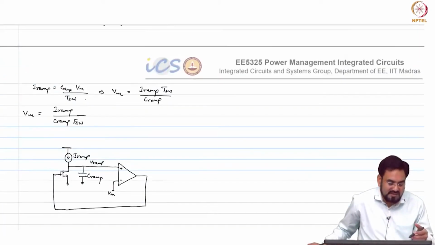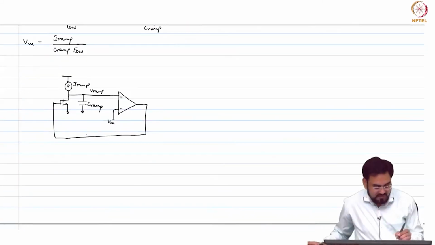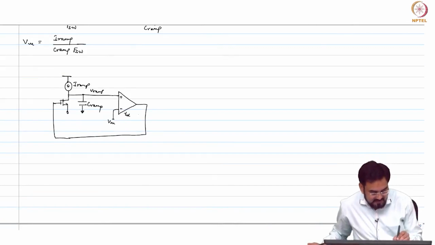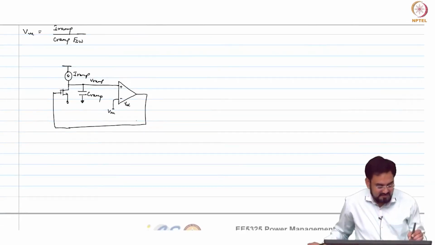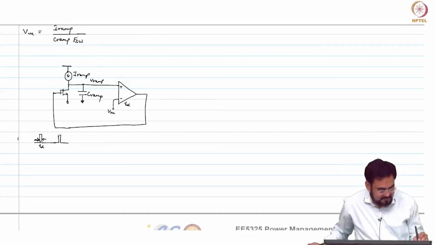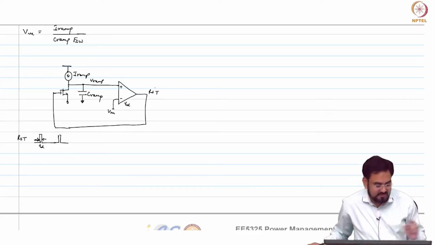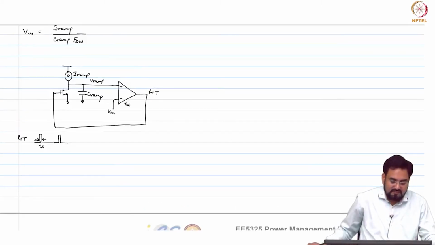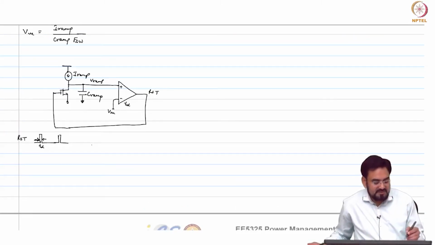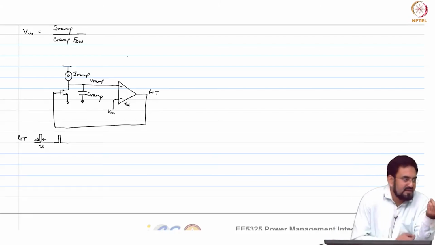Based on the reset time you require, you have to design this comparator accordingly. Let us say TD is the delay, then this will become TD. This is your reset signal, and this will become the ramp, and that is what we require.